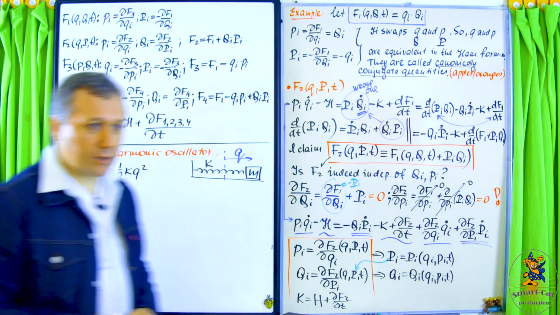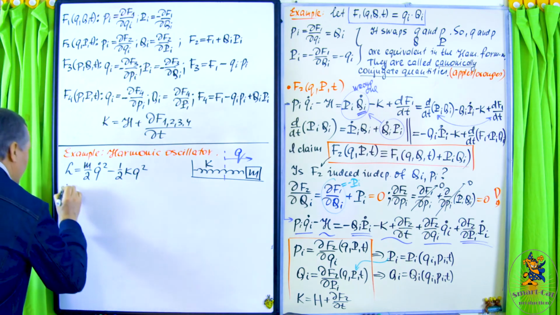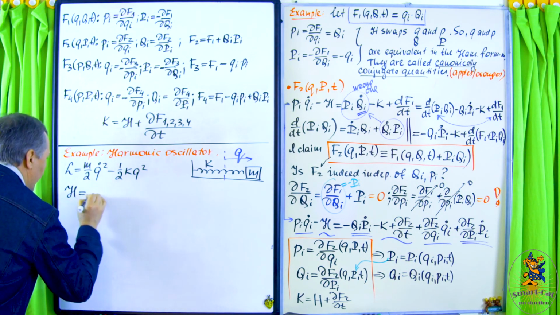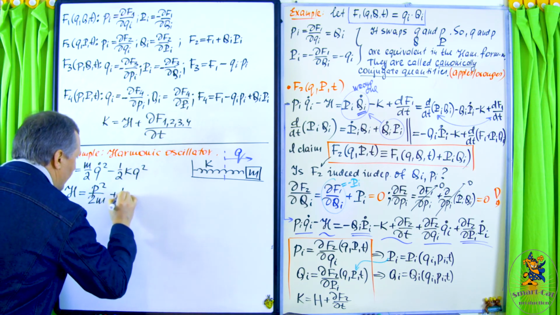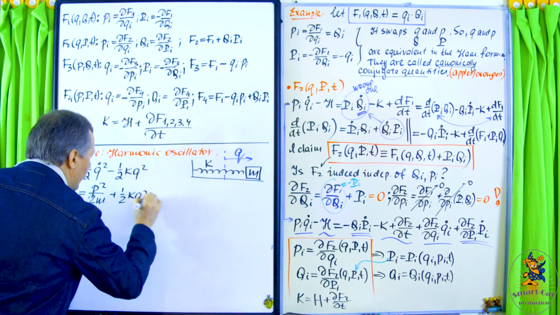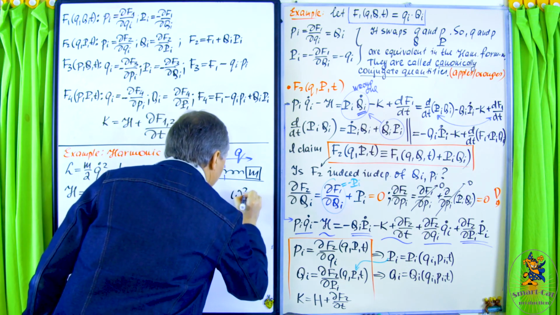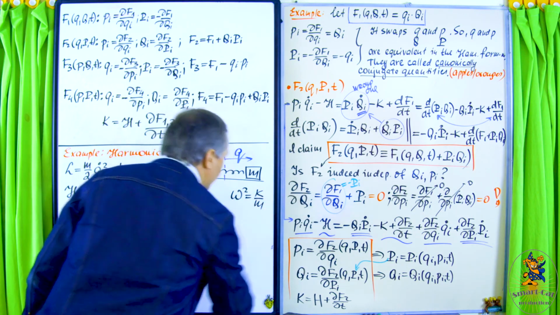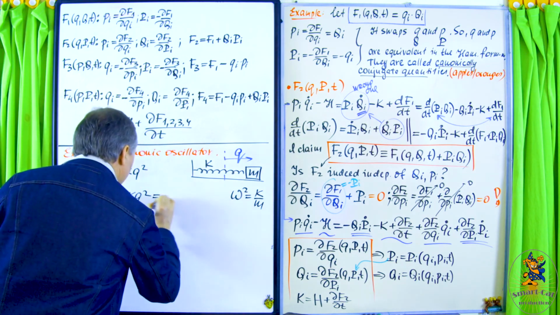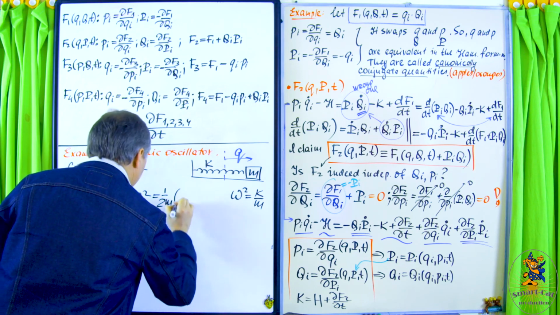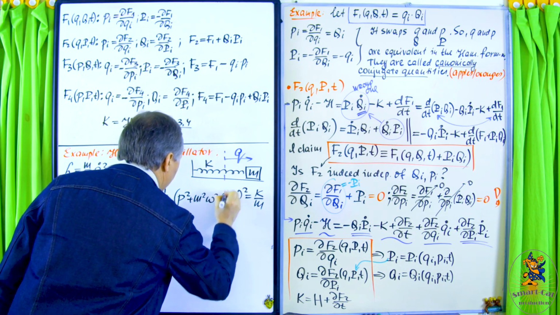And of course, you can easily make a transition to the Hamiltonian. Now you're an expert, you know the procedure. So you will end up with the Hamiltonian, which will be p squared over 2m plus 1 over 2 k q squared. Let me introduce immediately the constant omega squared equals k over m, and this can be rewritten as 1 over 2m times p squared plus m squared omega squared q squared.